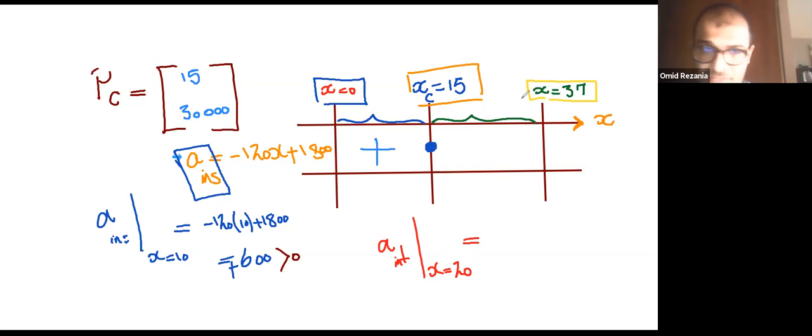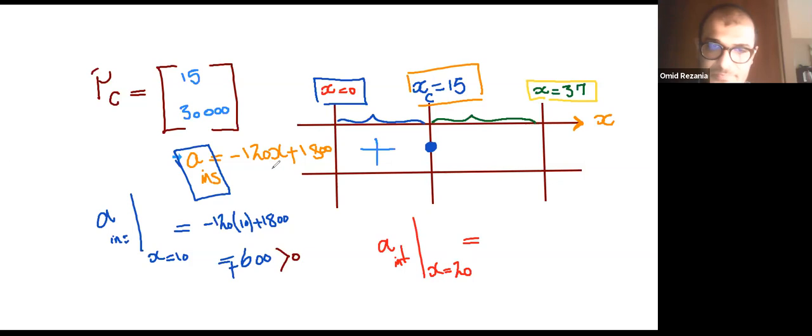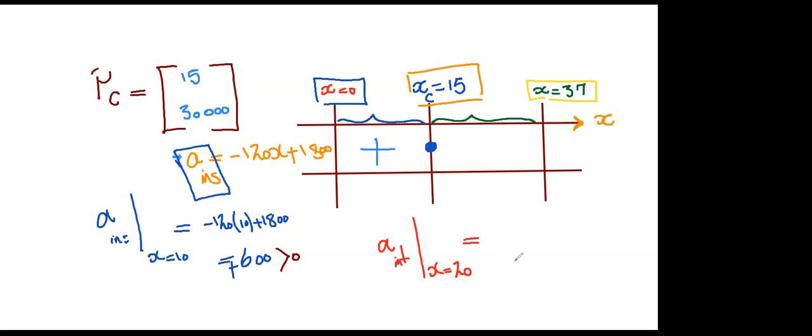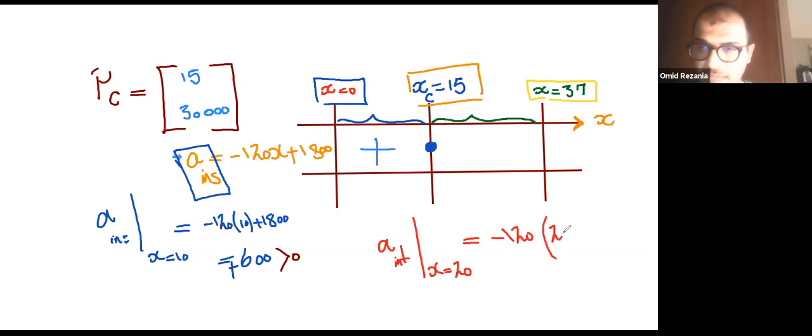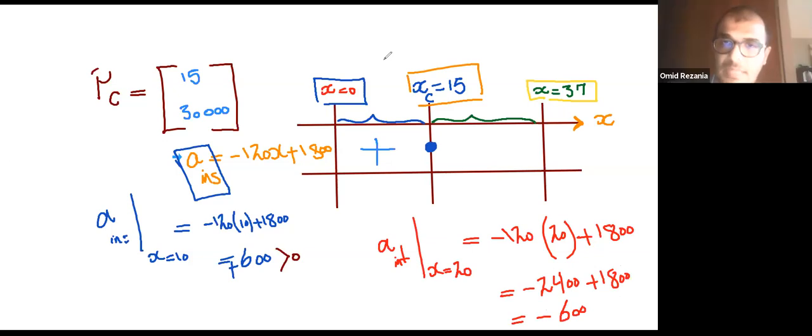Between 15 and 37, if I put in 20, how much do I get inside the function? I get minus 120 times 20 plus 1800, which is essentially minus 2400 plus 1800, which is essentially how much? Minus 600. And look at this one.